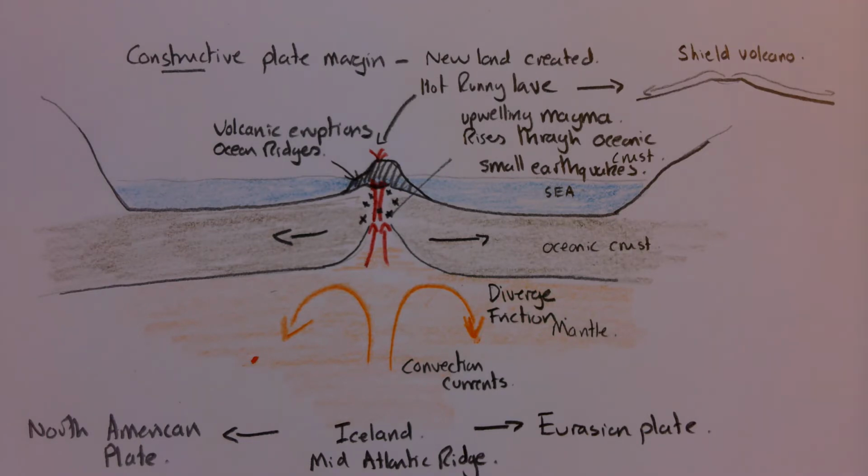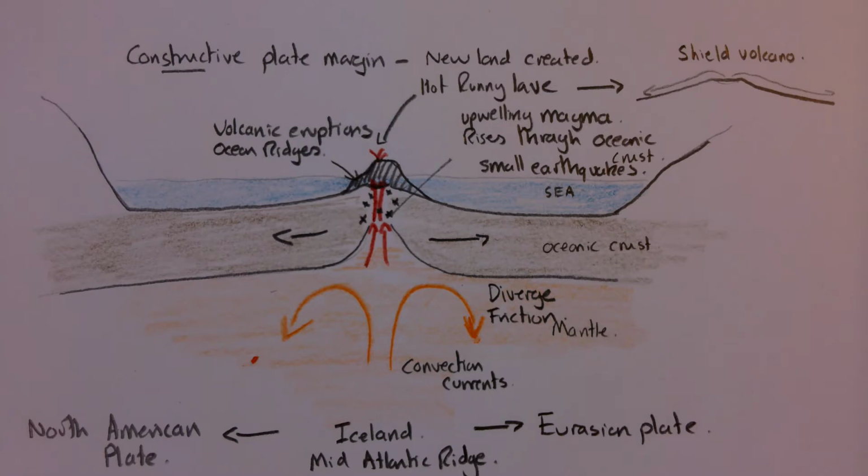Lovely, small earthquakes. Don't forget they are relatively low magnitude earthquakes. In a few places, these volcanic eruptions form new land breaking through the surface of the sea. Please give me an example of such a place and tell me the tectonic plates that are involved.